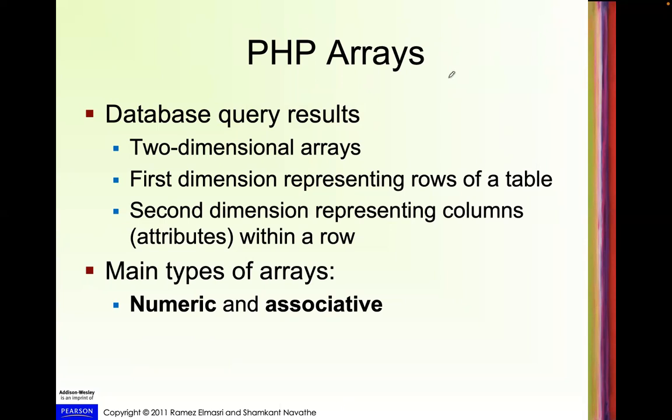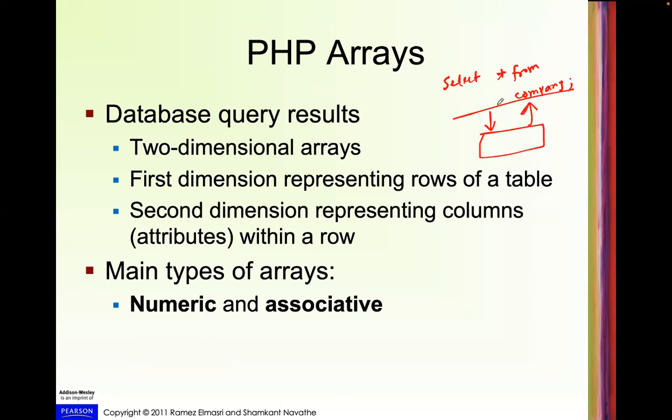Let's say I'm writing a query, something like select star from company. After I run this query, obviously this will connect to the database, and the database is going to return a set of records.